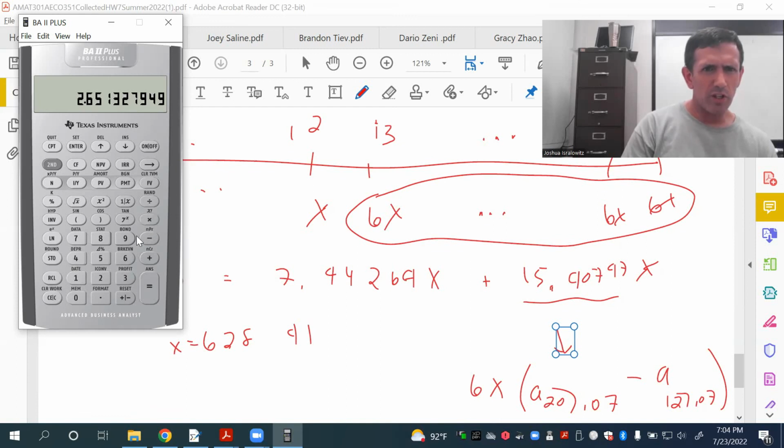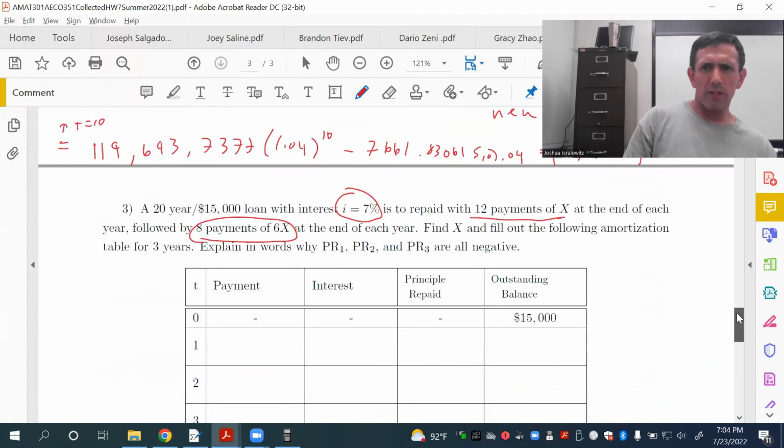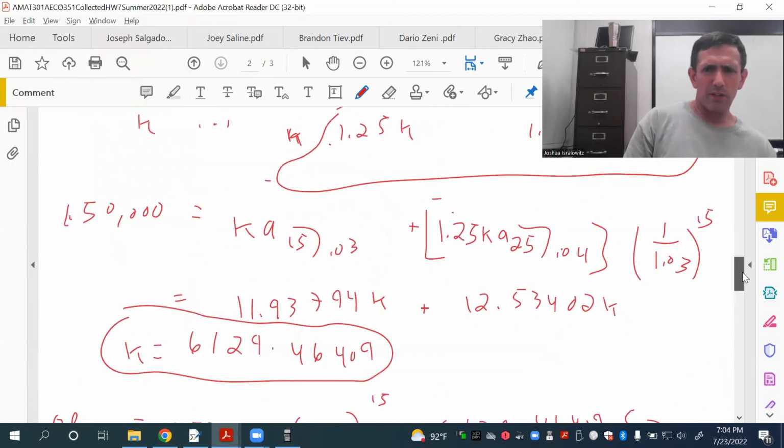Times 6, well, it'd be 6x, but yeah, 16.907967. So rounding, you would get 15.90797.